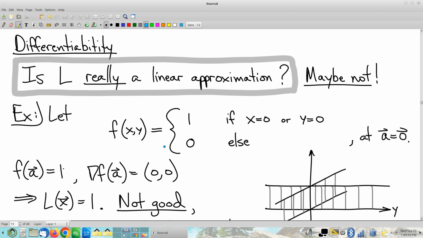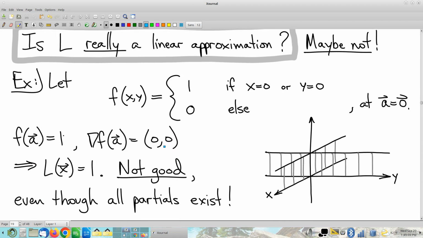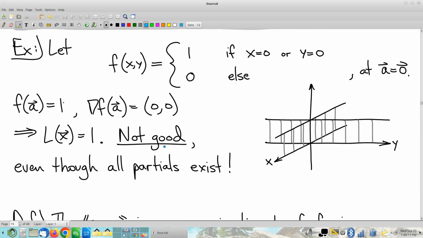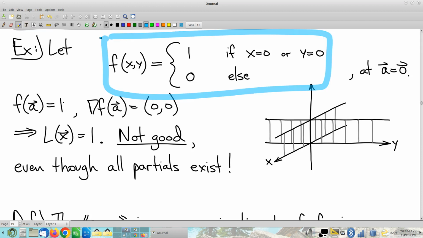In the multivariable context, it's weirder than that. And I'm going to start off with an example that's admittedly weird, but it remains that this is a nasty problem. So we wrote down a formula for the linear approximation. It involved taking partial derivatives, plugging into a particular form. Let's apply that formula to this function right here.